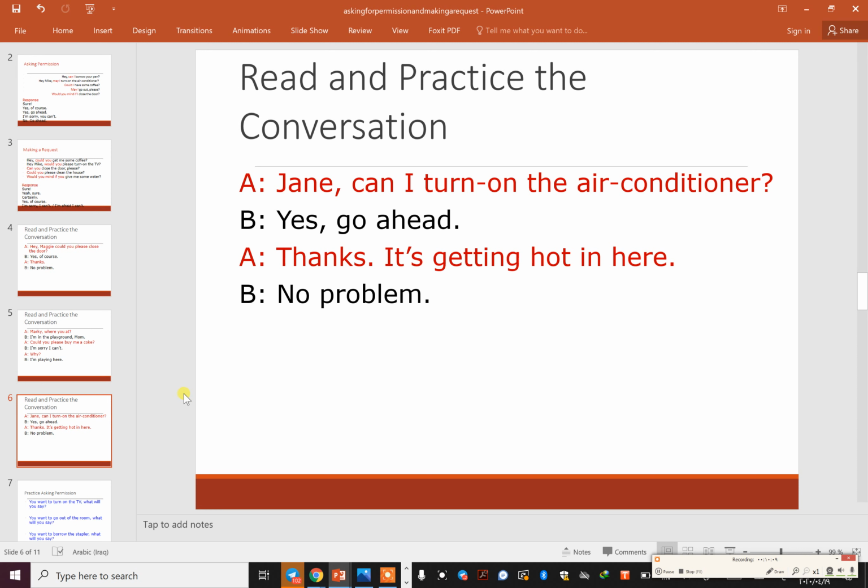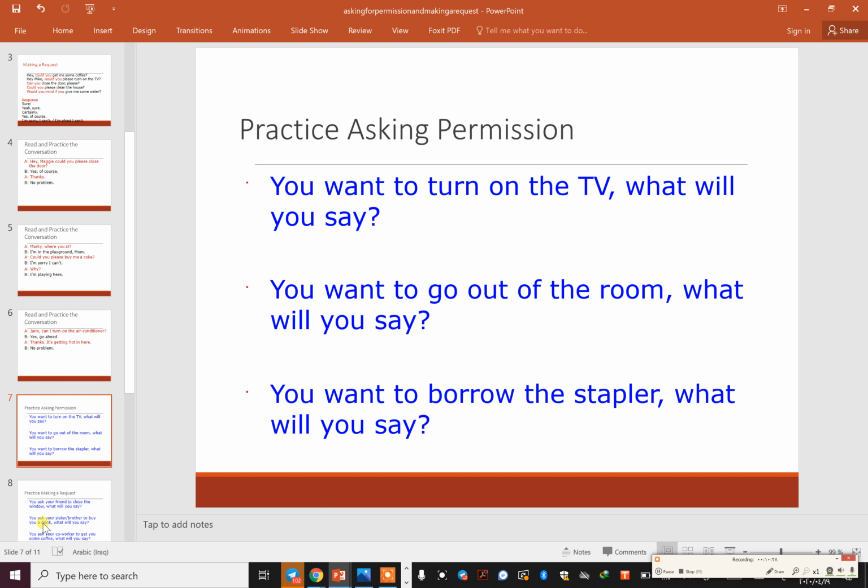This is the permission. Oh, thanks, it's getting hot in here. No problem. Since it asks for permission, we say yes, go ahead. Go ahead is a phrase that means okay, please do.